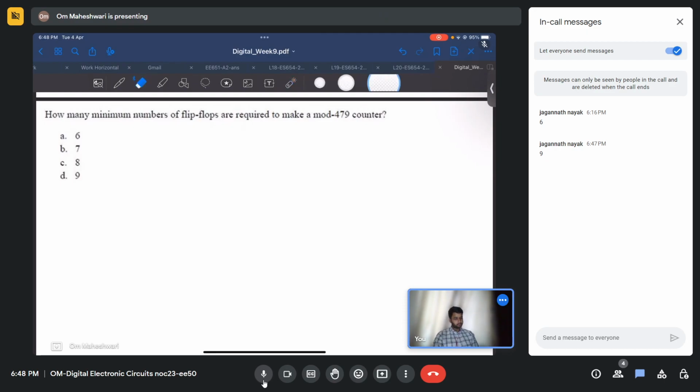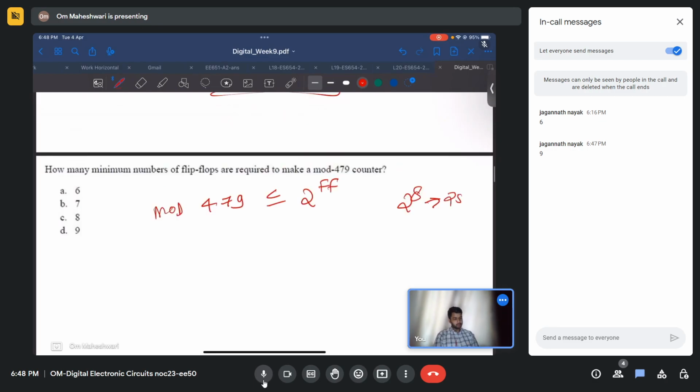So here 479 is our mod. It should be less than or equal to 2 to the power of the number of flip-flops. We saw previously 2 to the power 8 is 256, and 2 to the power 9 is 512.